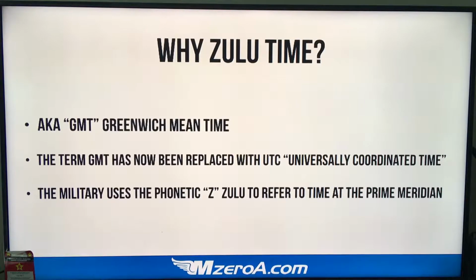I know they kind of flipped the acronym around a little bit, but UTC is the actual time it's referred to, but people still use GMT, UTC, and Zulu interchangeably in aviation. So know that three different names are all talking about the same thing. Now, the reason we call it Zulu time is the military uses the phonetic letter Z, Zulu, to refer to time at the prime meridian.